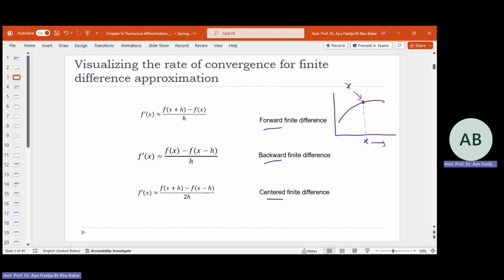You will need another point over here. So this one will be x plus h, the step size. So it will find the differentiation numerically. So you have these 2 points to find the derivative. Forward, move one step ahead.